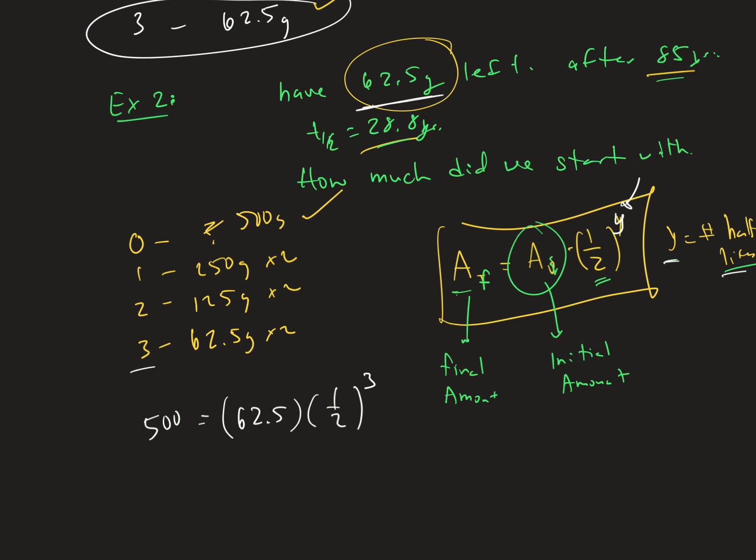Are we good? Did we get 500? What did we get? Oh, wait, maybe I did it the wrong way. So I don't use this formula. Let's see. Yeah, this is actually the initial amount, and this is the final amount. I think I had it flipped.